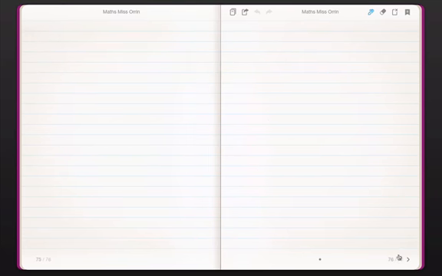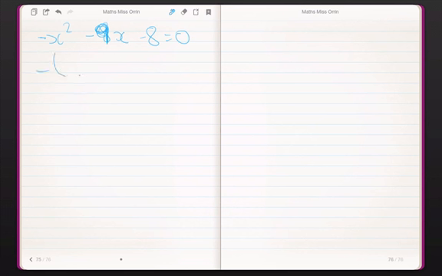Let's have a go at doing a negative one though. Let's say we had negative x squared minus 9x minus 8. We do not like this first number to have a negative in front of it, so we're going to take it out and put everything back inside brackets.